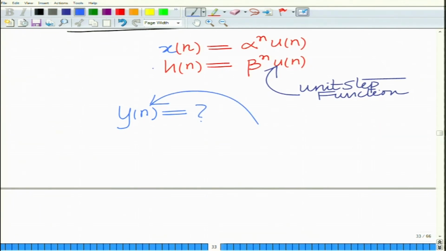So, this h n is the impulse response of the discrete time system. x n is the input signal.